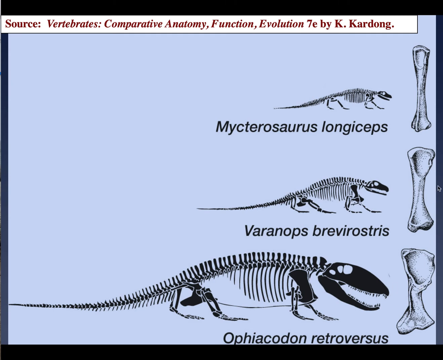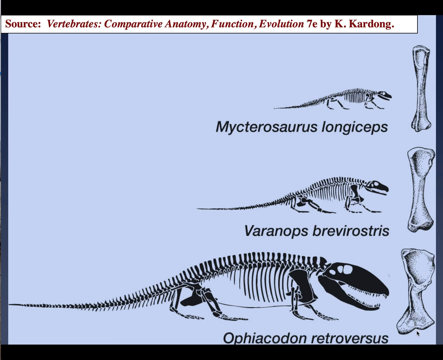Right here's the same bone that pulls out from their legs, and he's drawn each bone to the same scale. So the length of each bone is the same, but of course this would be a much bigger bone than the little one over here, and this would be intermediate in size. So he's taken the little bone and drawn it here to the same length as the big bone is here.